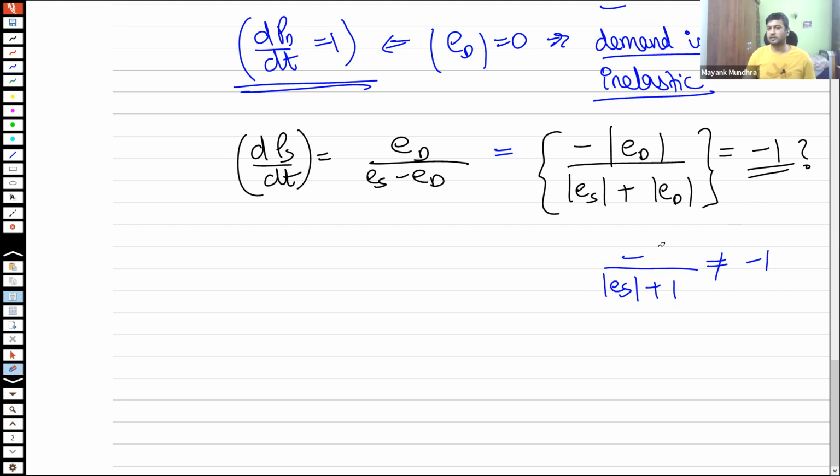So not 1, definitely not 1. Think something else. What should be ED? For a given value of ES, ES is some fixed value, some constant. So for a fixed given value of ES, what should be the limiting value of ED for this fraction to approach -1?